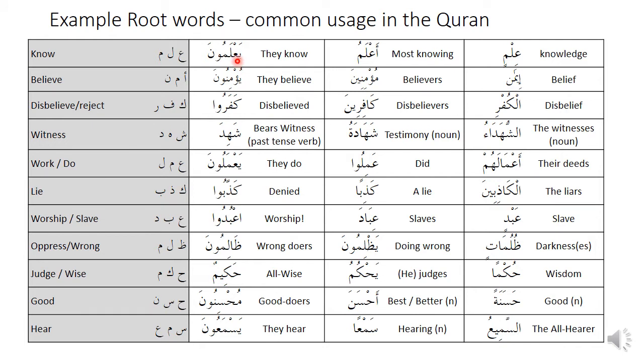There's also verbs, so يعلمون, they know, يؤمنون, they believe, يسمعون, they hear. There's some commands. Some root words occur a lot as a command, like اعبدوا ربكم, worship your Lord, that's a command. There's some root words that occur a lot in the plural form, so ظلم, which means oppression or darkness or wrongdoing. ظالمون is wrongdoers. ظلمات is darknesses, plural of darkness.